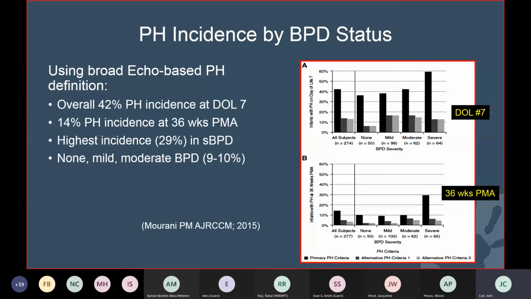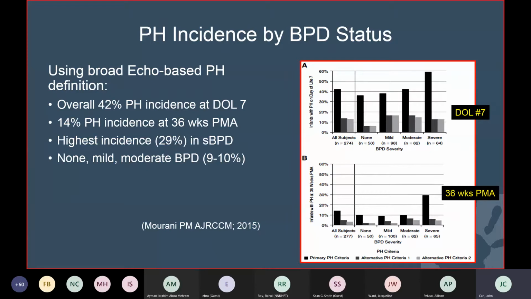as we might think. So using a broad-based echo definition of PH, at day of life 7 here, with all subjects, a 42% incidence of PH was seen at day of life 7, but only 14% at 36 weeks post-menstrual age, with the highest incidence being 29% in severe BPD patients.